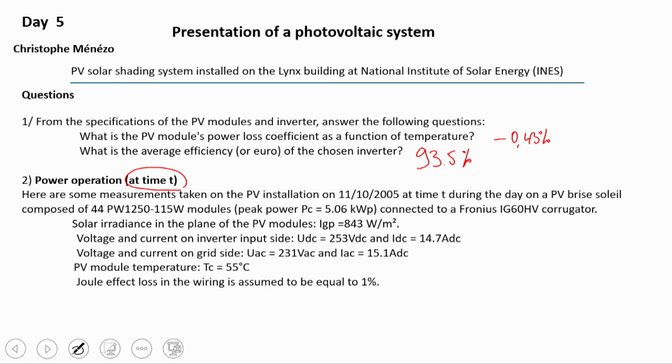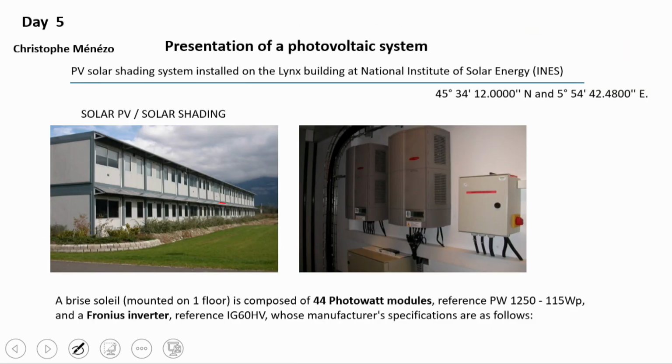So at time t, the irradiation which is coming on my plane, okay, which is measured. How is it measured? Generally, it is a PV cell. Each PV central, they are not using a pyranometer. They are using a very well-known small PV cell.